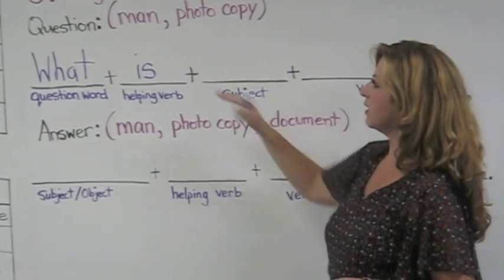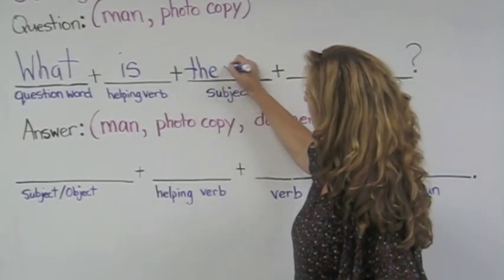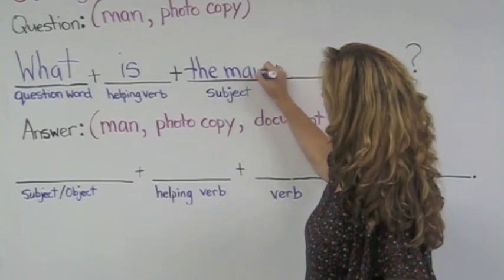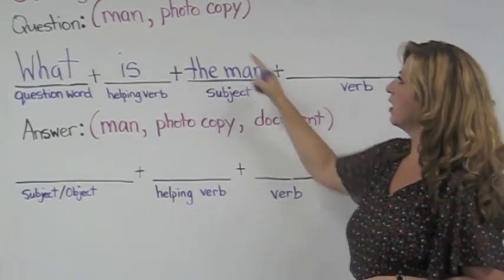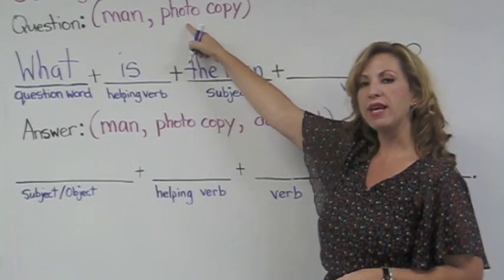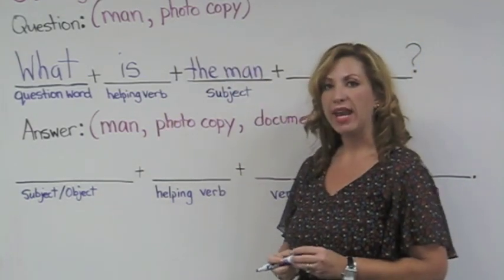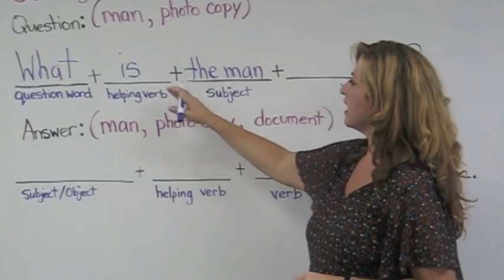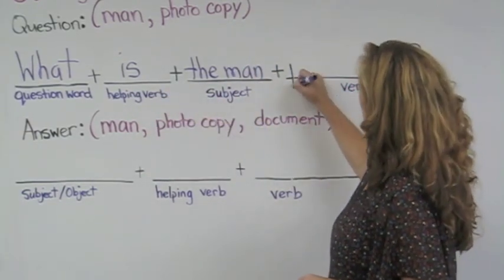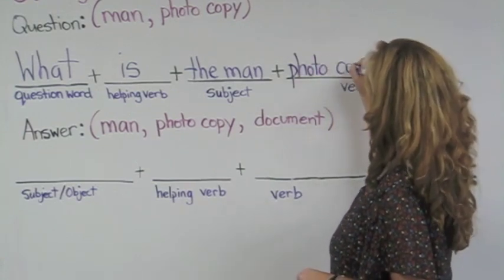The subject is the man. What is the man? And our verb is to photocopy. So now we need to conjugate the word copy. What is the man photocopying?